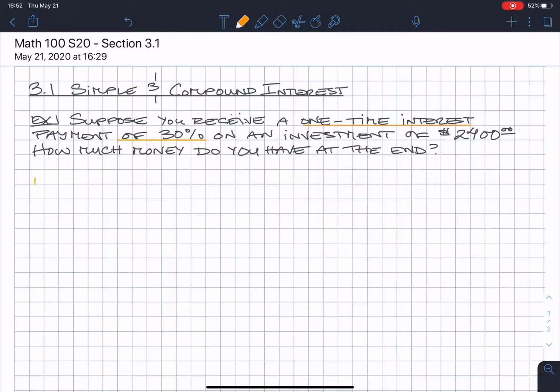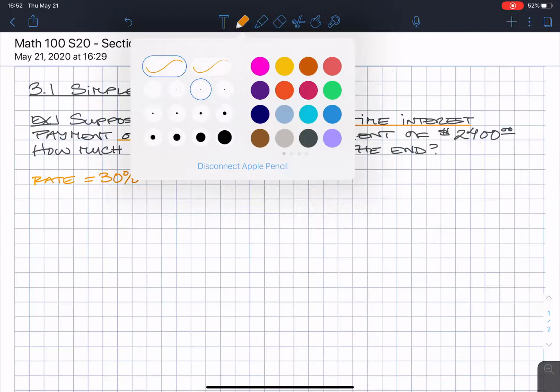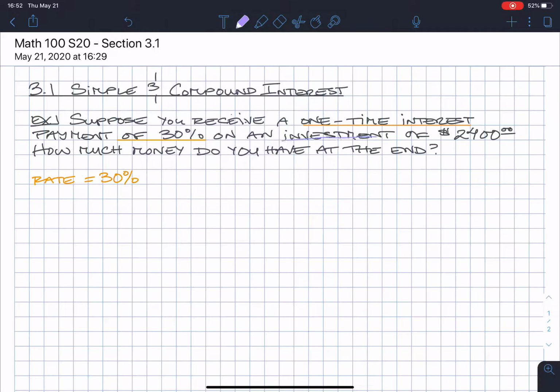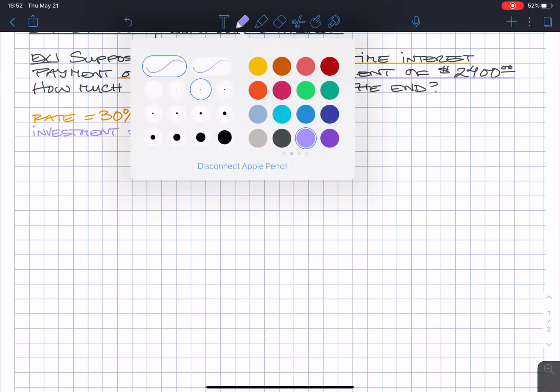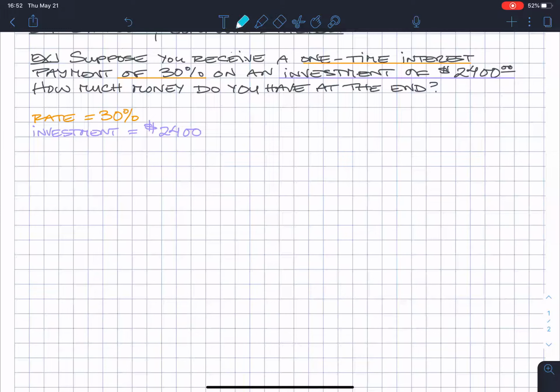So the rate is 30%. And what's the investment? So the investment is $2,400. Okay, so I want to know how much money we have at the end.